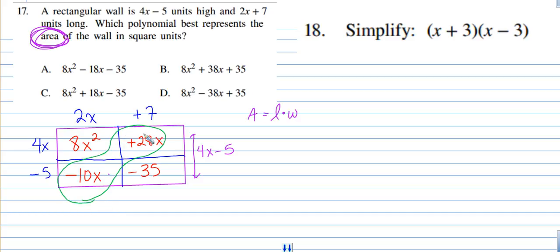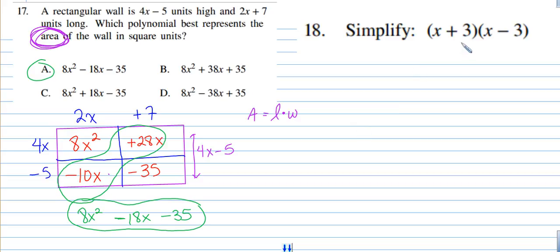And they are like terms because they both have an x. 28 minus 10 is 18. So you have 18, and it's positive because 28 is bigger. Okay? And then 8x squared comes down, and negative 35 comes down. And that's our final answer. And which one of these is that? A. There we go. Alright.